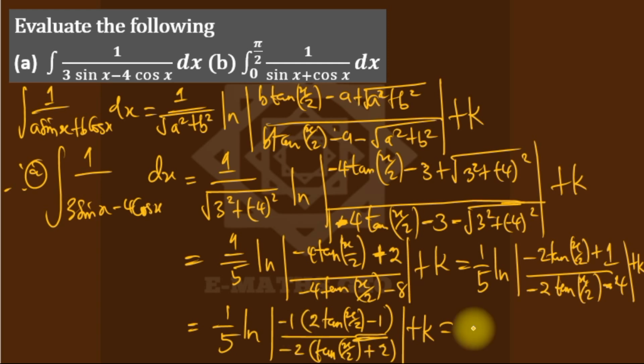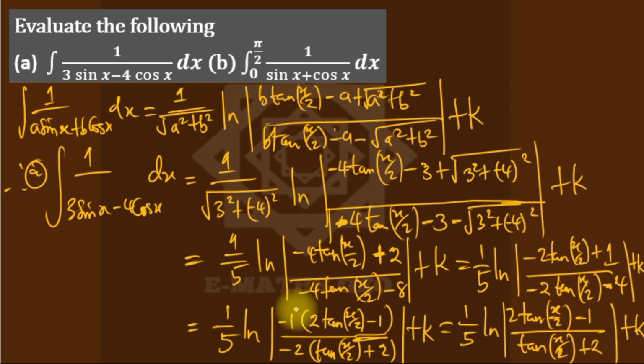So our final answer is now 1 over 5 ln of 2 tan half x minus 1 over tan half x plus 2, or in absolute value, plus k, because ln half is a constant, so it will add up to this.